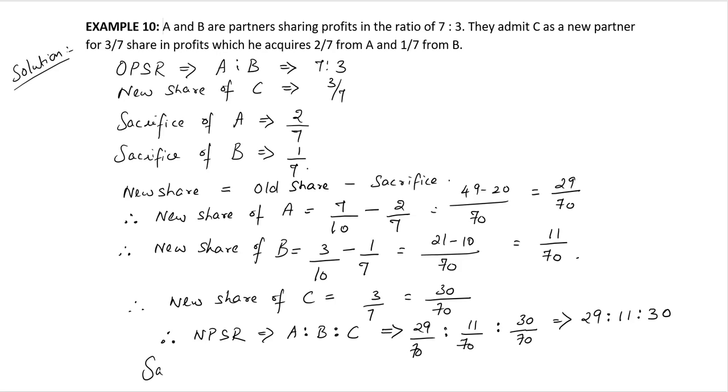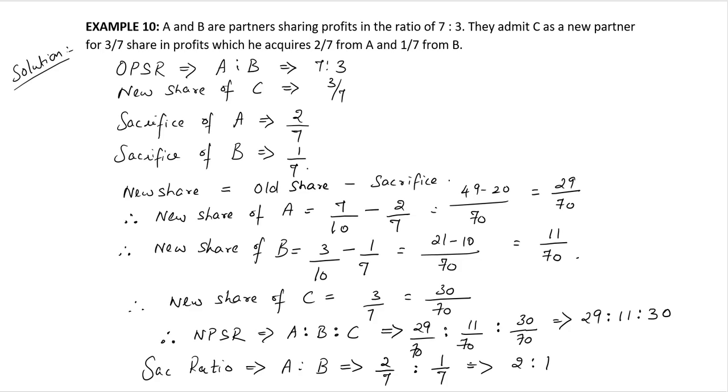Now let's get the sacrifice ratio between A and B. It's the ratio of the sacrifice of A, which is 2 by 7, is to the sacrifice of B, which is 1 by 7, which can be simplified to 2 is to 1.